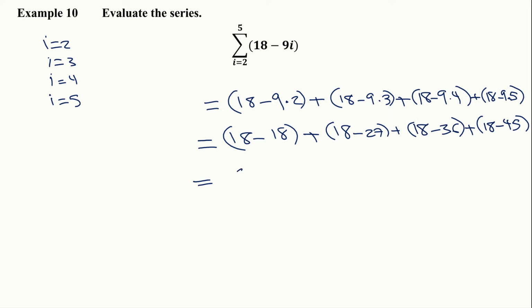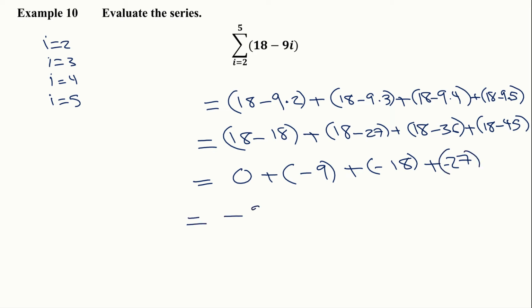So we end up with 0 plus negative 9 plus negative 18 plus, let's see, 8 from 15 is 7, 1 from 3 is 2. So negative 27.